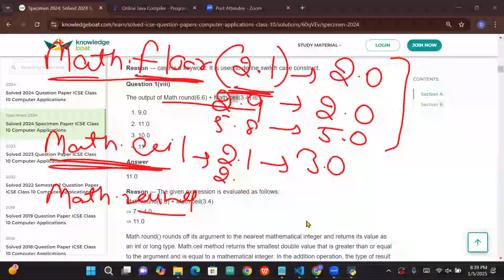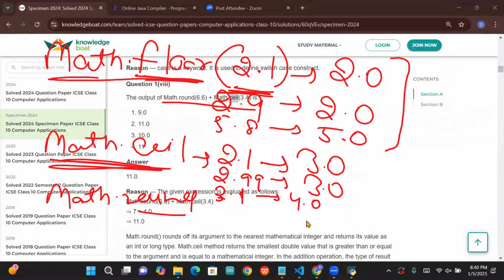If you convert 2.99, that also becomes 3.0. If you convert 3.1, it becomes 4.0. So the ceiling function gives the higher value and the floor function gives the lower value. Floor is on the downside, ceiling is on the top side, so you can remember it this way.